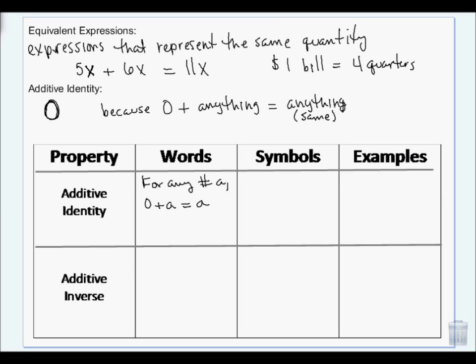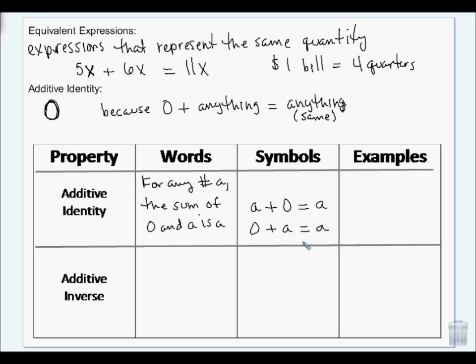Okay, so in words, what that says is for any number A, the sum of 0 and A is A. So A plus 0 equals A, or 0 plus A equals A.